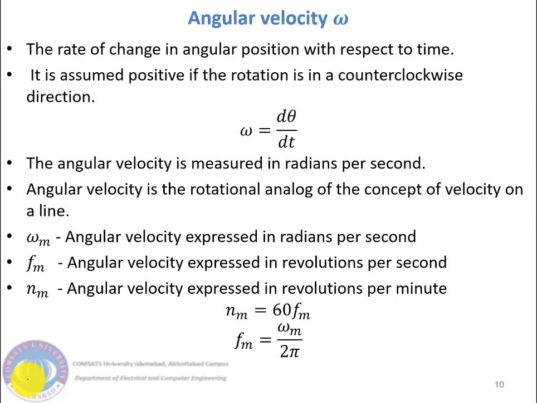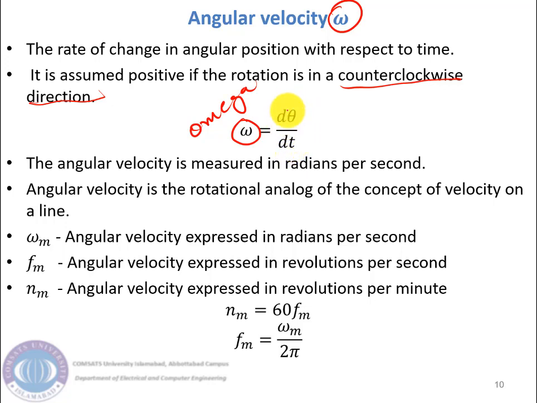Similarly, angular velocity is the rate of change in angular position with respect to time. Obviously, with time, if our angular position is varying, we call it velocity. We know that positive rotation is assumed to be in a counterclockwise direction. We use omega to represent this angular velocity, which is equal to d theta by dt.